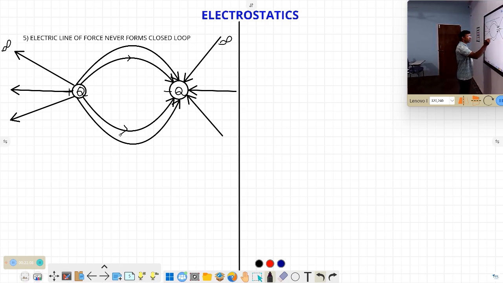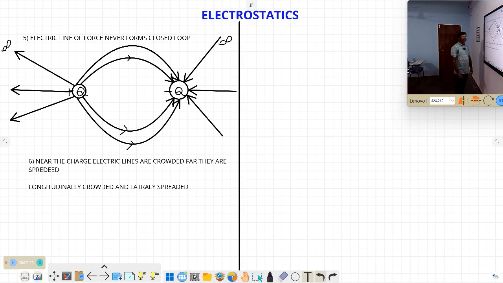And here also it starts from positive and ends at negative. Some other lines are given here: three lines coming from infinity to the charge minus q, and three lines from the positive charge ending at infinity. So electric lines of force never form a closed loop. They start from one charge and end at another place. That is one of the most important properties.